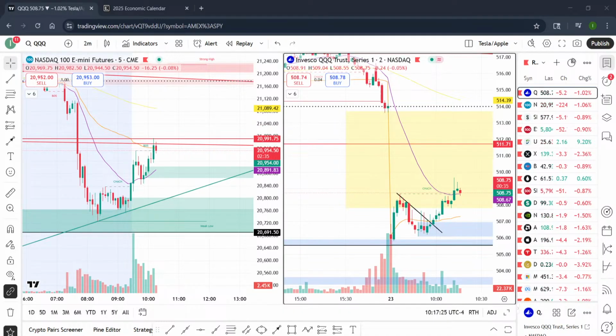For this to really come down, we'll have to see definitely a change in structure. Broken support, something like that. Because this could just rip all day.